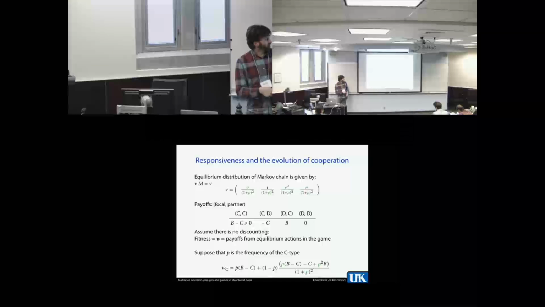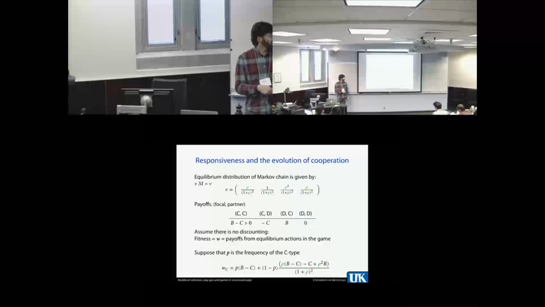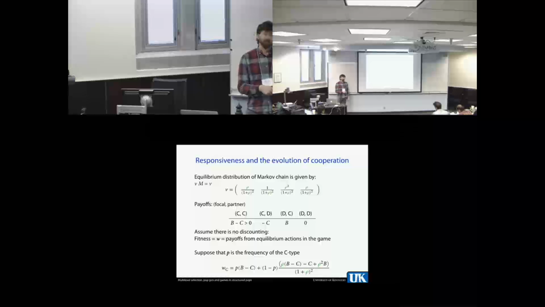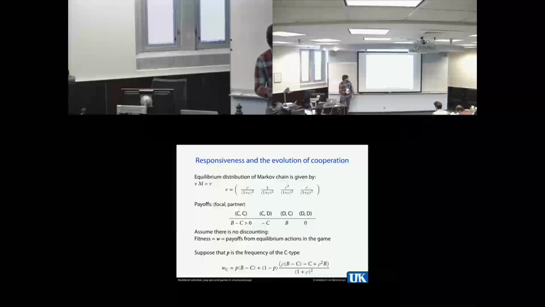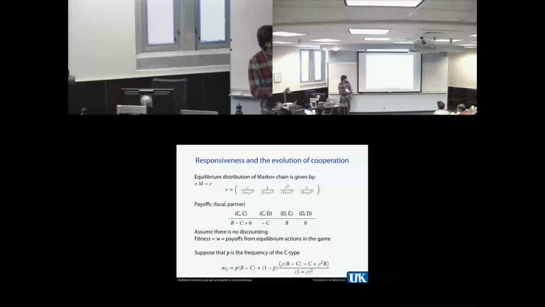To calculate the fitness of this C-type individual, this intrinsic cooperator, we assume there's a frequency P of C-types in the population. To know the fitness of a cooperator, with probability P he's going to run into another cooperator, and the payoff for that is B minus C. With probability 1 minus P, he runs into a defector, and we look here to see what happens when a cooperator plays a defector.